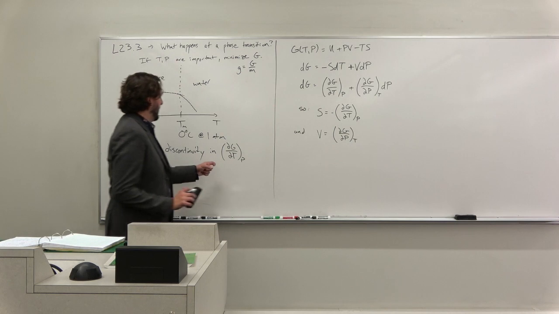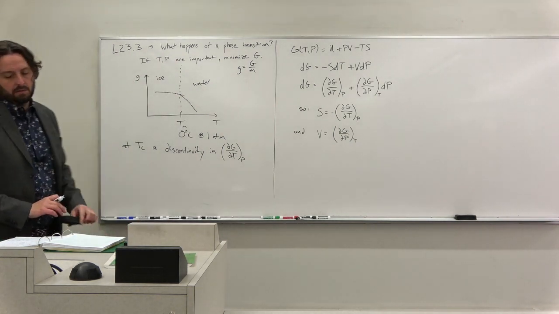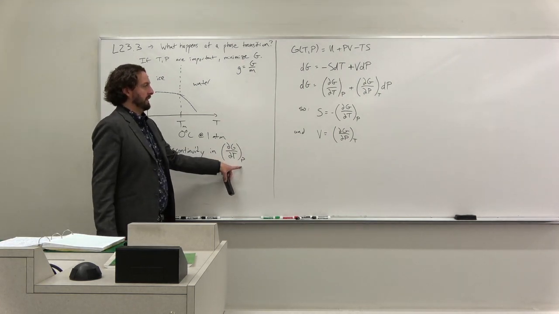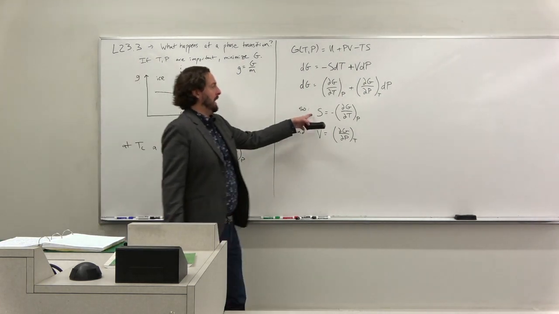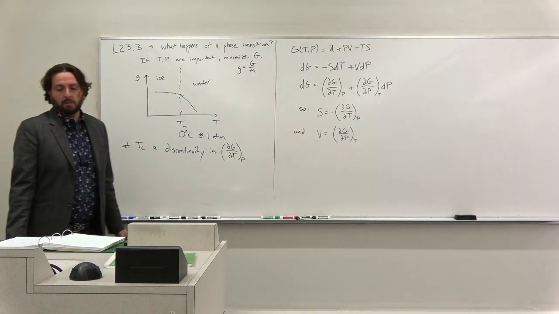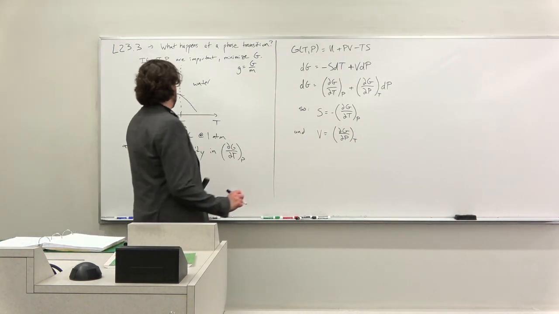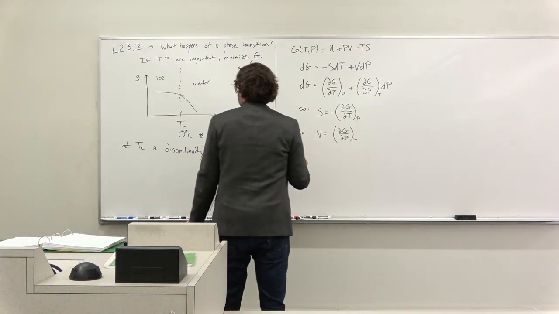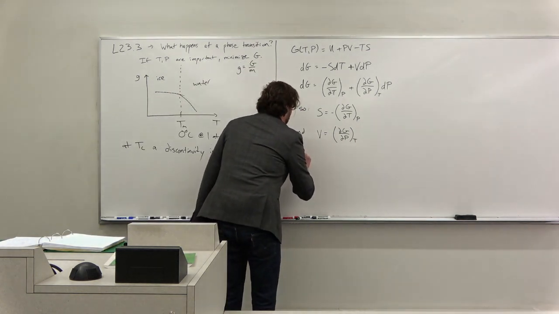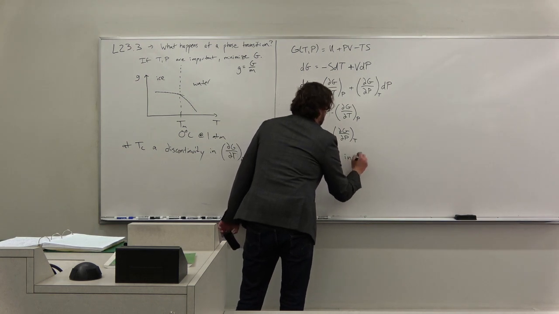So we just said that we have a discontinuity in partial G, partial T at constant P. So a discontinuity in the slope of G means we actually have a jump in S.